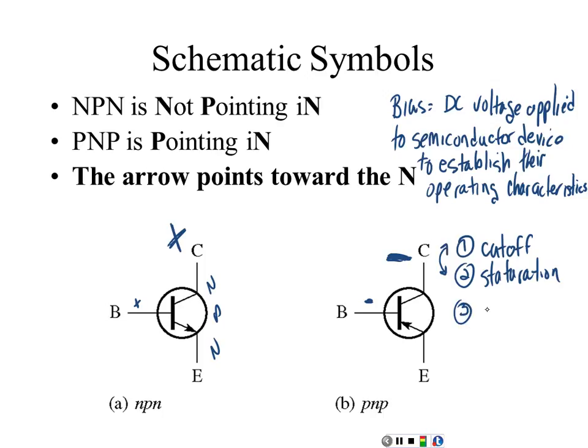The third region is what we call the active region. In the active region, it acts like a rheostat, and this is where your stereo amplifiers operate, anything that does volume. If I wanted to amplify something, I use my voice to move the transistor in its active region.